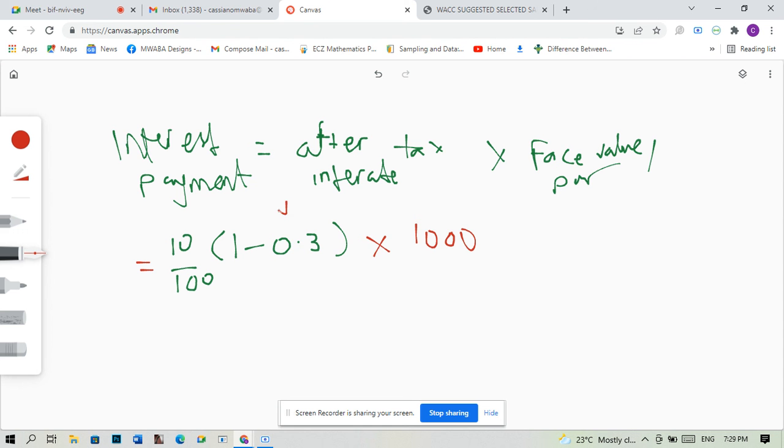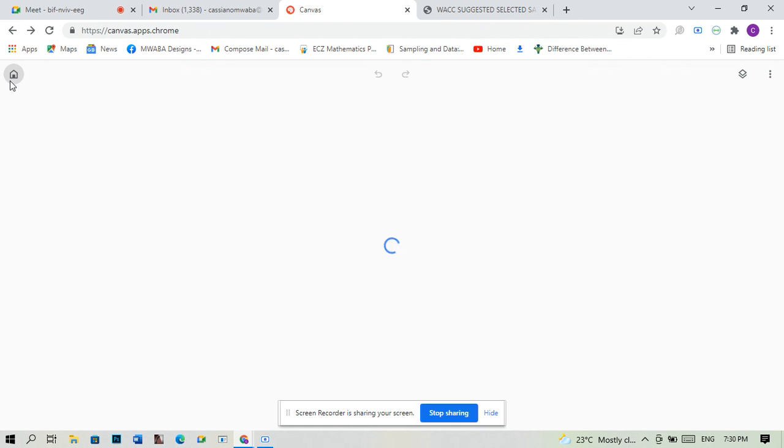One minus 0.3. Remember, order of operations, brackets first. Then multiply that by 10 and then divide it by 100. You found what? I got 70. Wonderful.